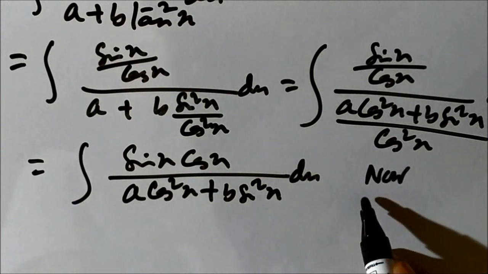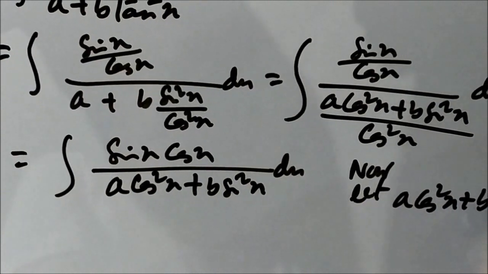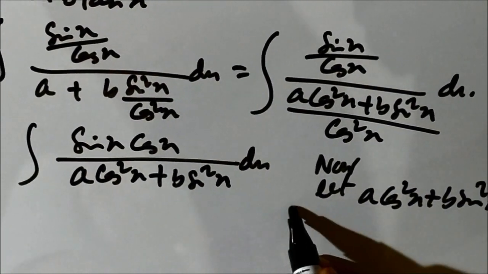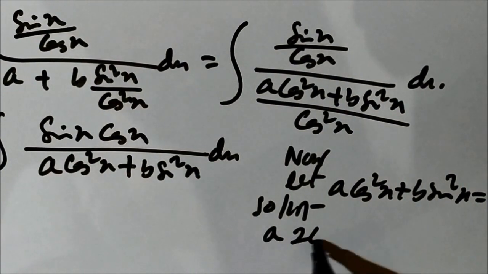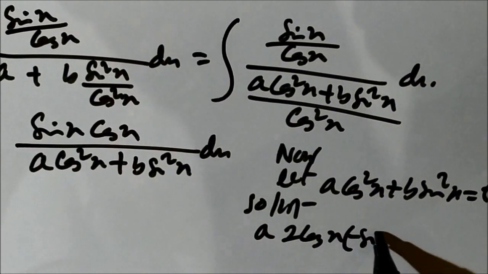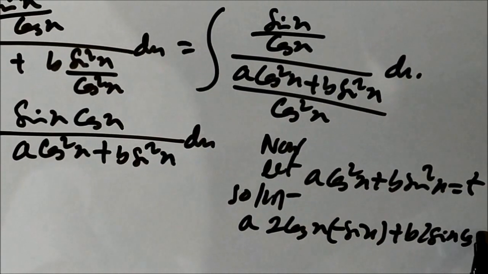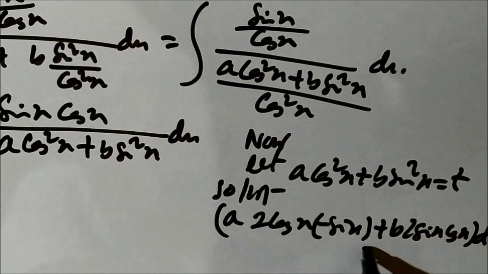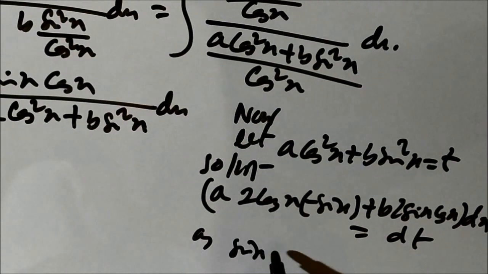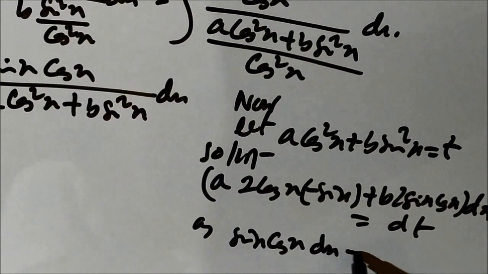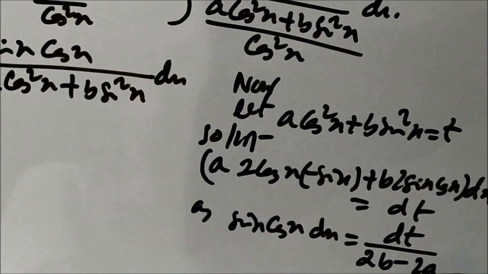Now let a cos square x plus b sin square x equal to t. Then a 2 cos x minus sin x plus b 2 sin x cos x dx equal to dt, or sin x cos x dx equal to dt by 2b minus 2a.